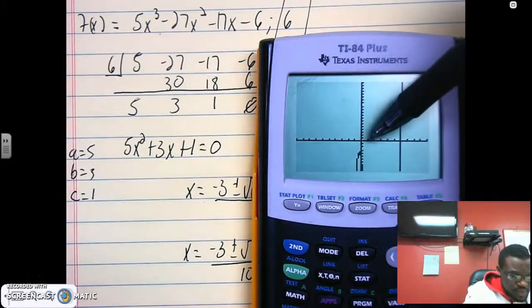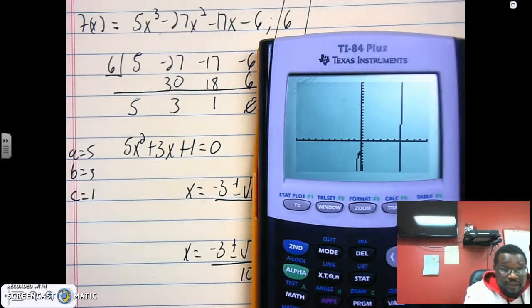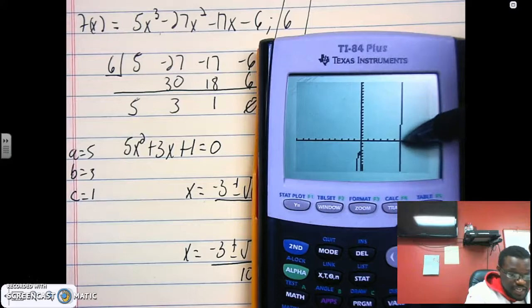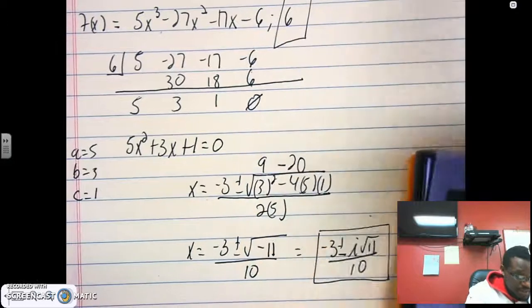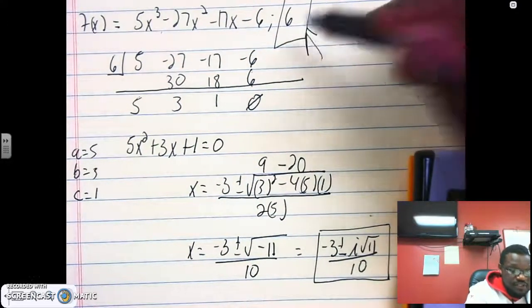Okay, so we got 1, 2, 3, 4, 5, and see the only place it crosses is 6 right here. It's doing some funky looking thing, and I don't have the whole big thing so you can see. But notice that the only place it crosses the x-axis is at 6. These are imaginary, so the only one real solution it had was 6.